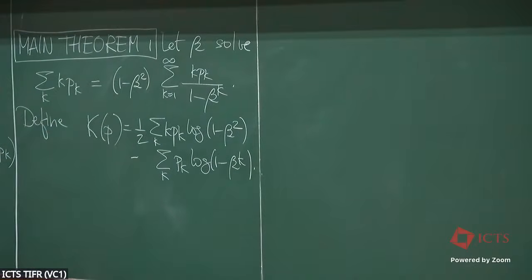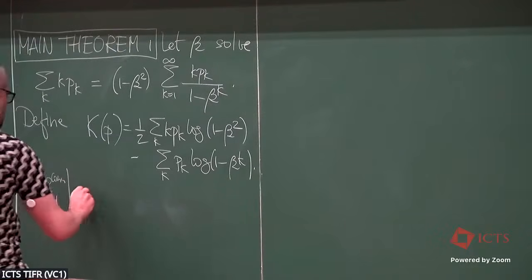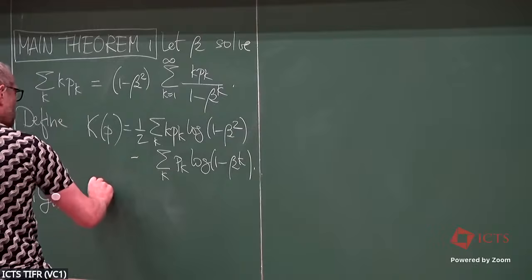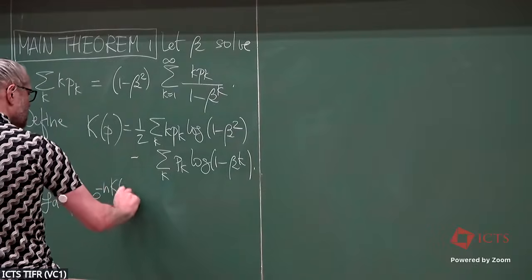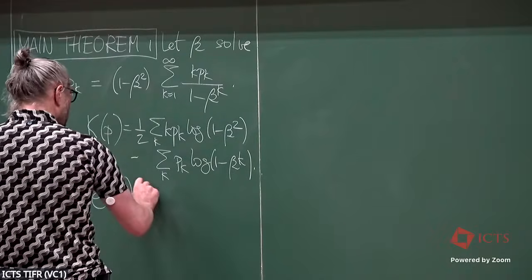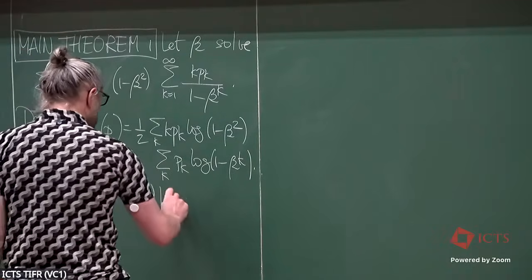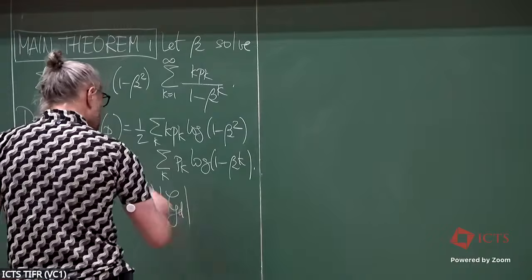Okay, that's a functional. And then the result says that the number of connected graphs is equal to e to the power minus n K(p) plus small o of n times the number of simple graphs.